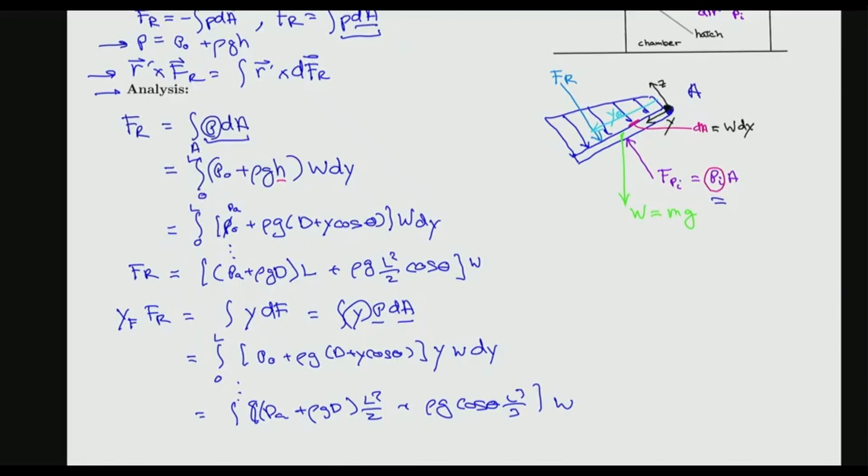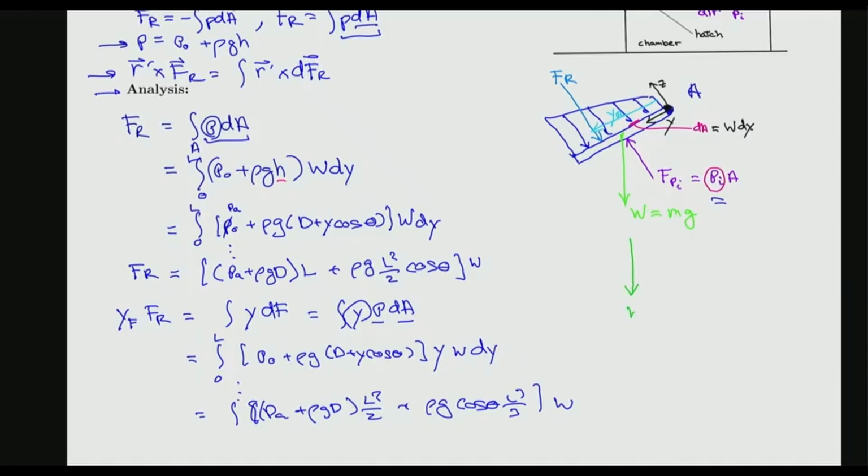And then the r cross F associated with the weight, we would need to take this component of W for that. So let me go back to the dark green. Let me just rewrite W here.